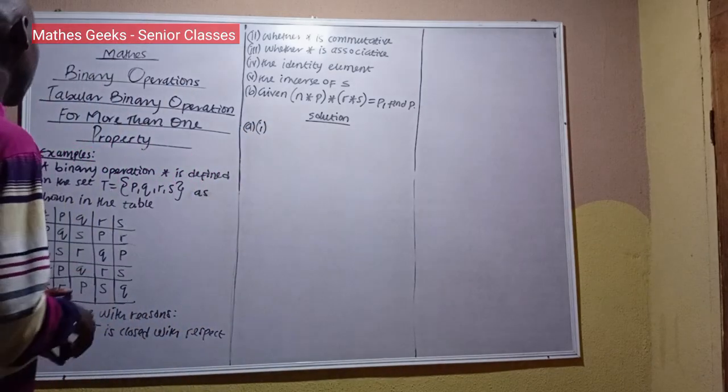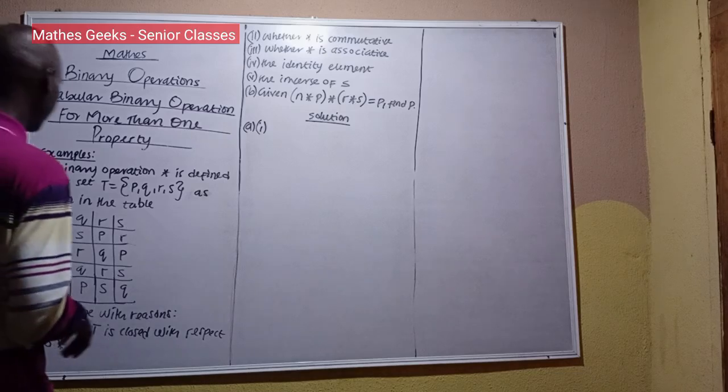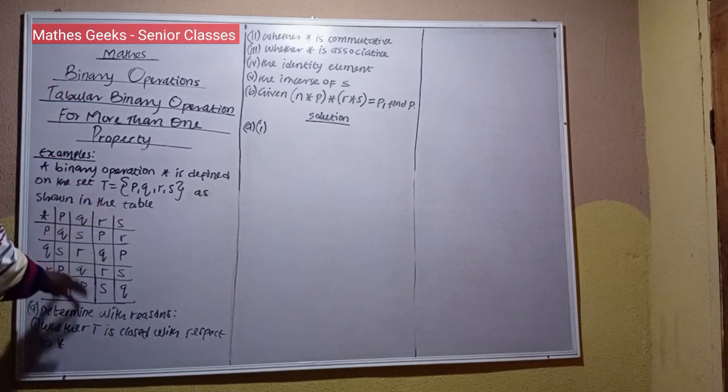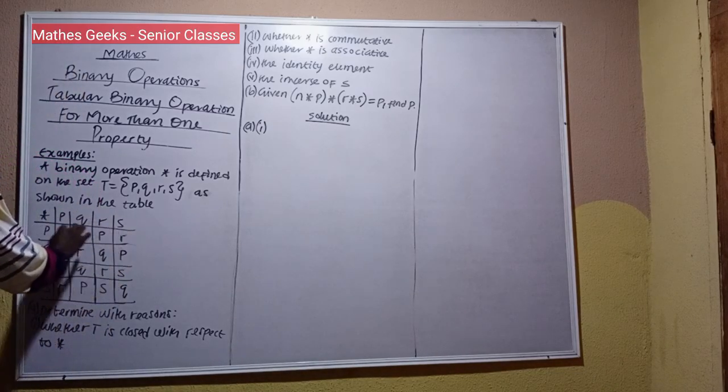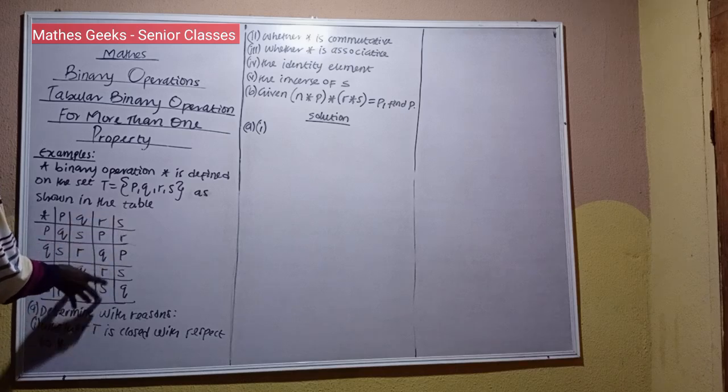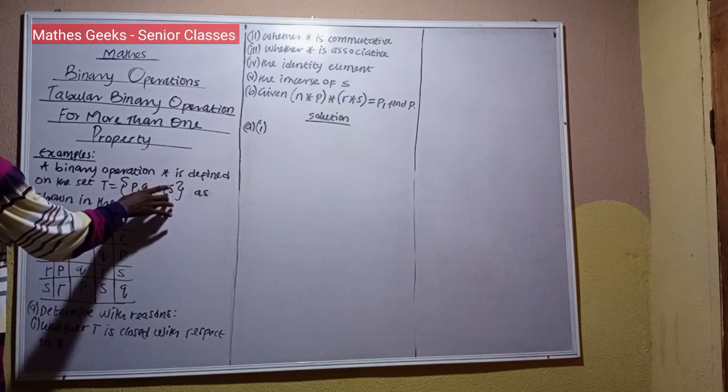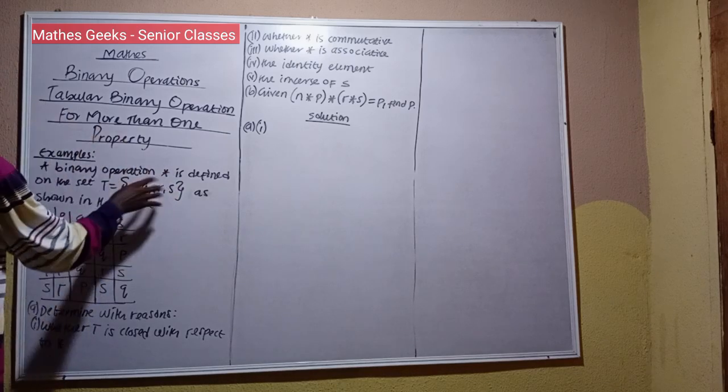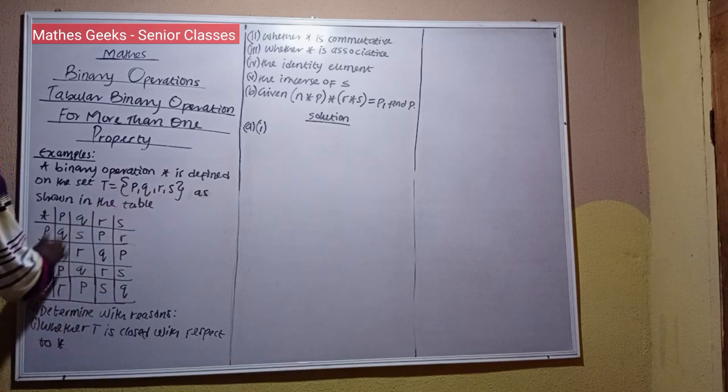Closure property. We're going to look at the table to see if any of the resultant elements in the table is outside the range of elements in set T. What we have here is P, Q, R, S, and is there any element that is not a member of this set?